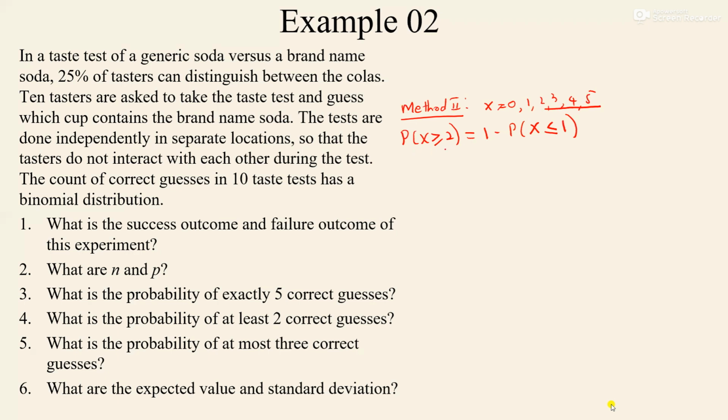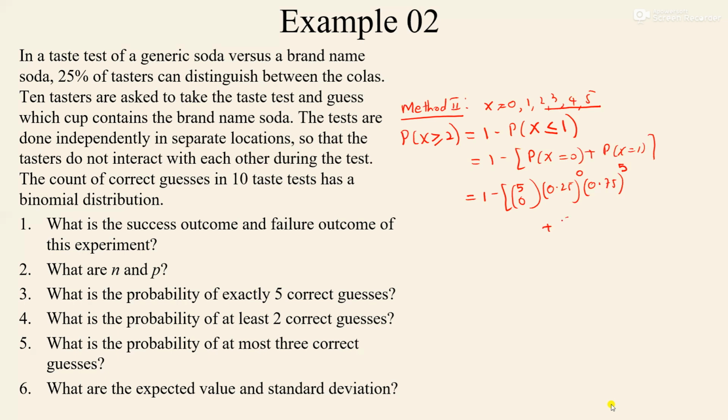So probability of x greater than or equal to 2 also equal to 1 minus probability of x less than or equal to 1. This is equal to 1 minus P(x ≤ 1), which means it may take 0 or it may take 1. So P(x = 0) plus probability of x equals 1. Here only the 2 probabilities you have to calculate. So this is equal to 1 minus [5C0 × 0.25⁰ × 0.75⁵, right?